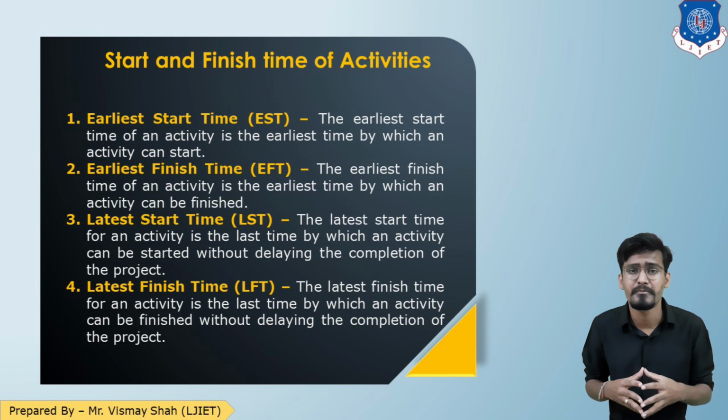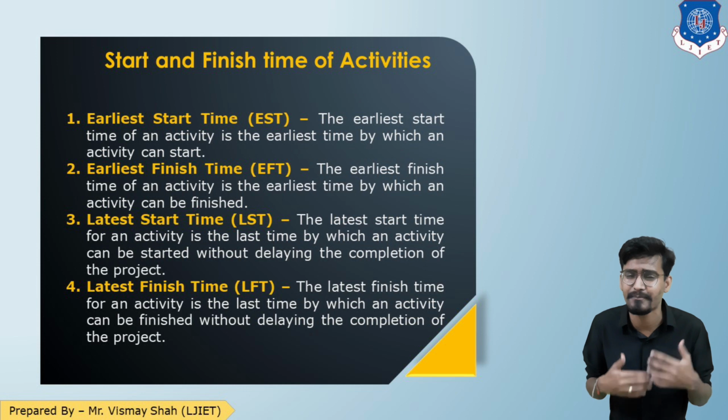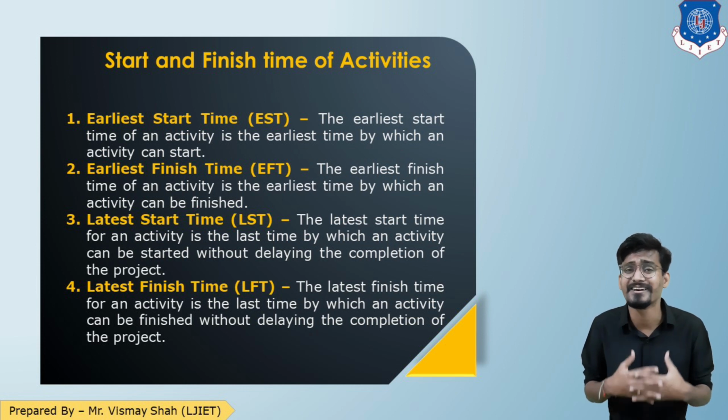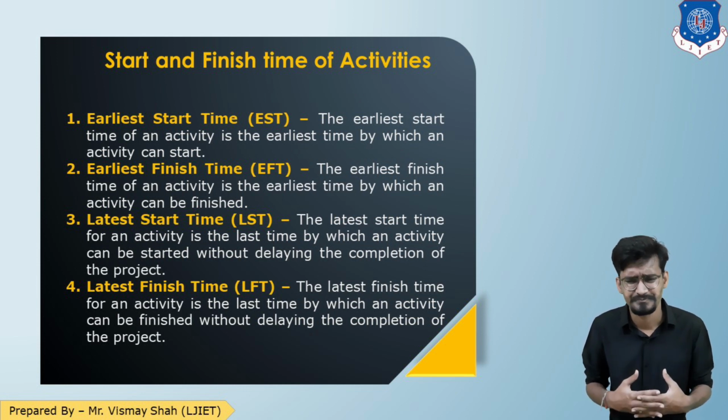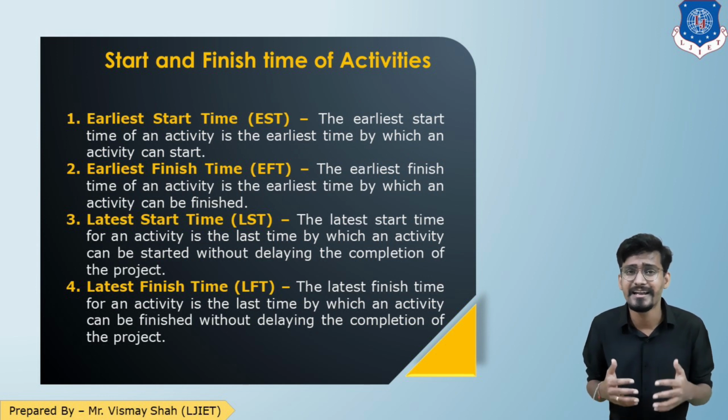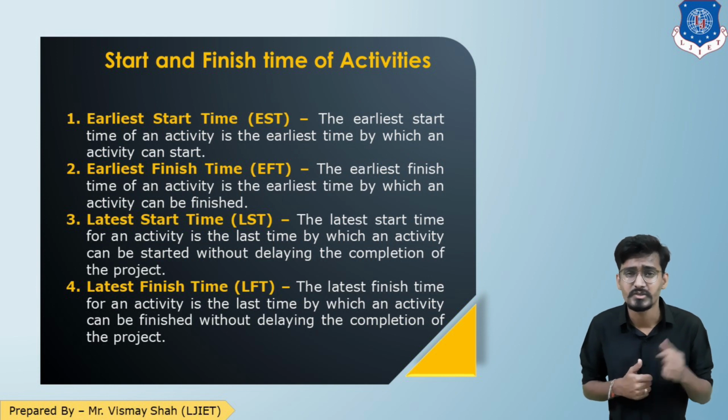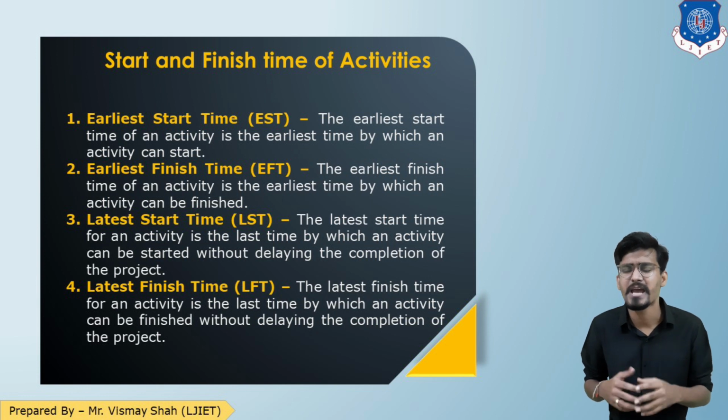It is the time by which, at the maximum, you can start the activity. Latest finish time is the time by which, at the latest, you can complete the activity. So EST, EFT, LST, LFT, and we are going to find all of them in our numericals of the CPM method, which we are going to see in our next session.